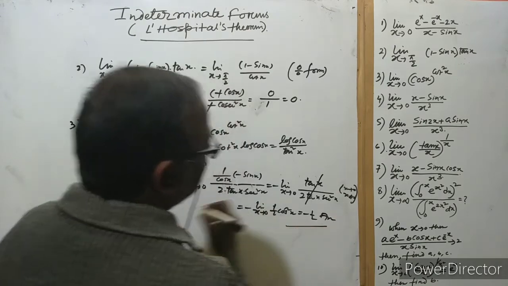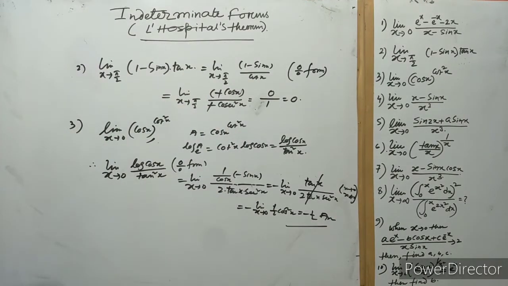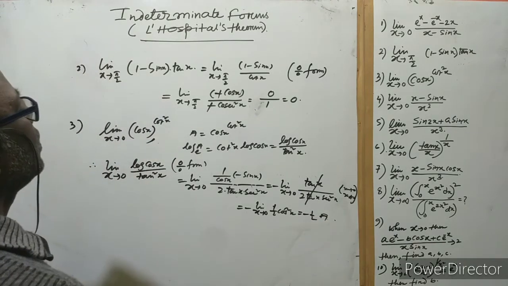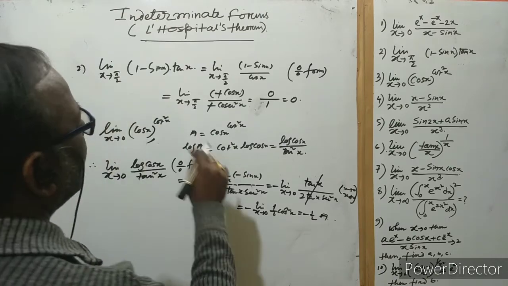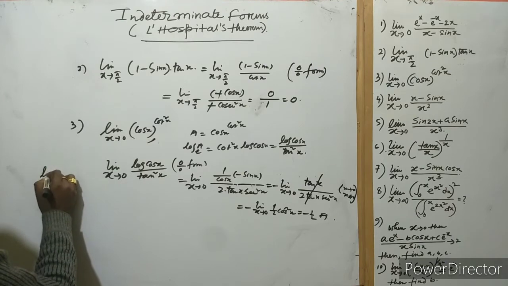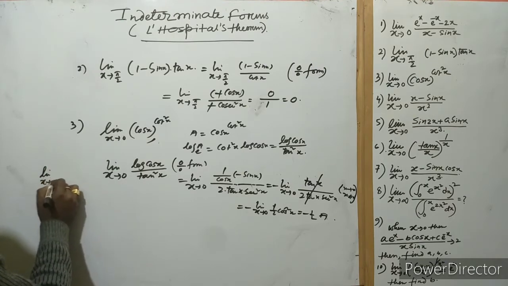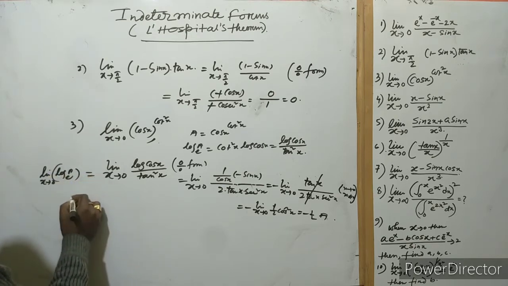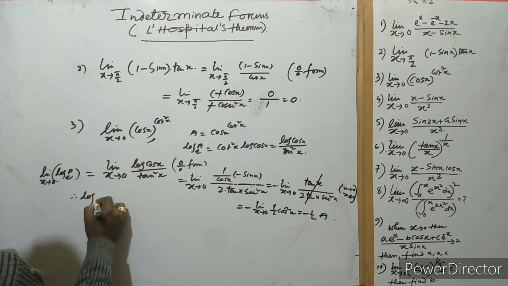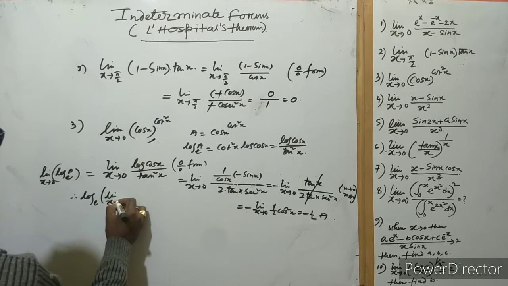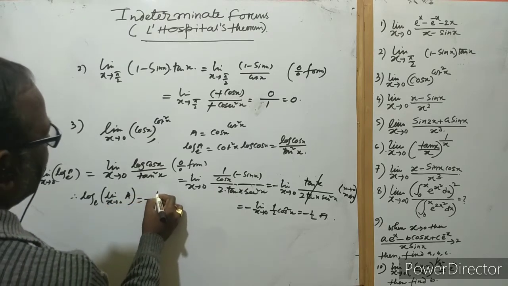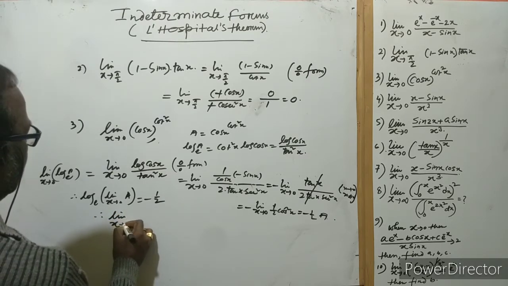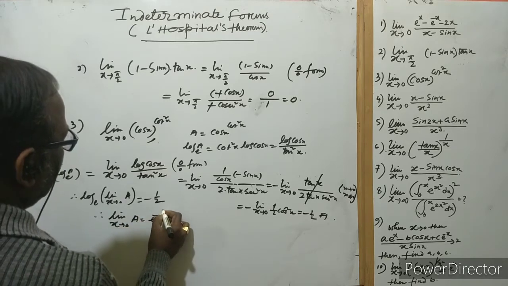Okay, this is not the answer, this is the logarithm of it. So limit x tends to 0 of log a to the base e is minus half. Therefore we take the anti-log: the limit of a as x tends to 0 is e to the power minus half.